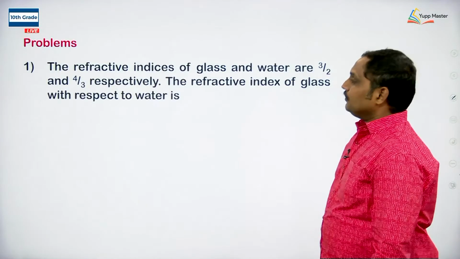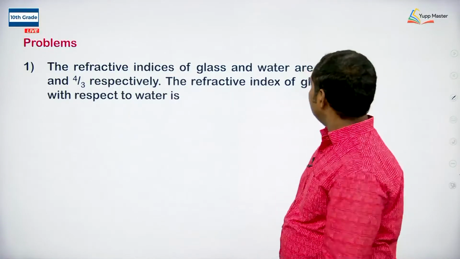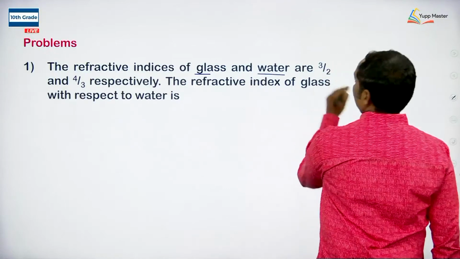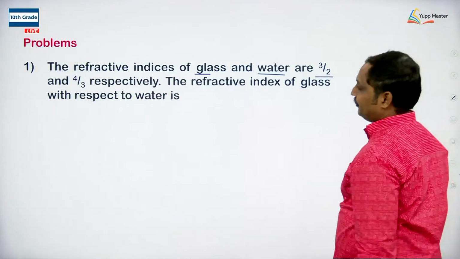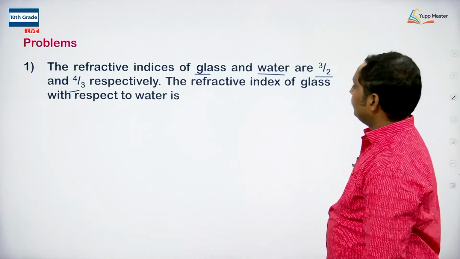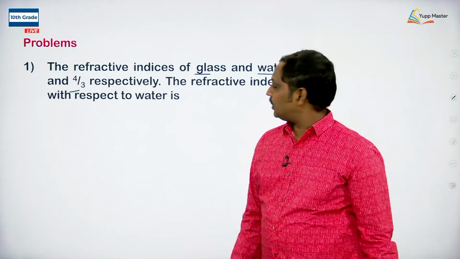Problems. The refractive indices of two different materials are given, that is glass and water. This is 3/2, this is 4/3. You have to find the refractive index of glass with respect to the water.